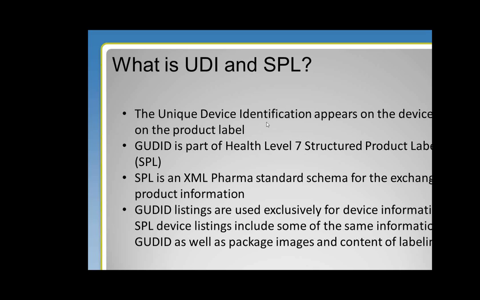And these have come together in the GUDID, they pronounce it Good ID, where we're getting the same kind of information but obviously relevant to a medical device. So the GUDID is now that listing that is being provided, and it's exclusive to medical devices, whereas SPL is absolutely focused on pharmaceutical, but it can as well be used for medical devices.